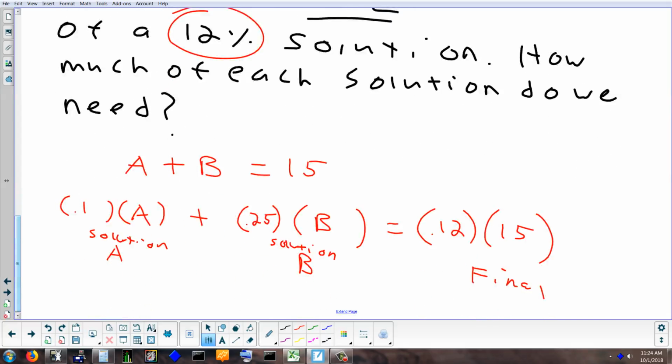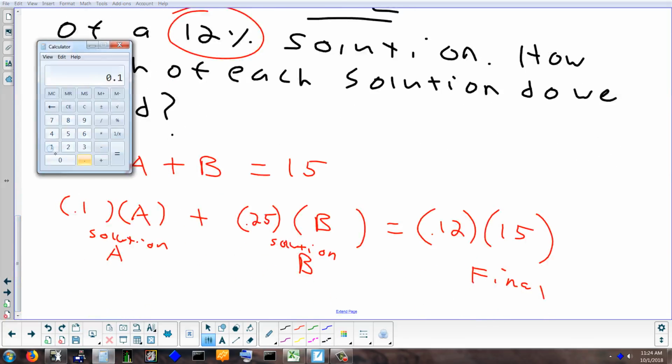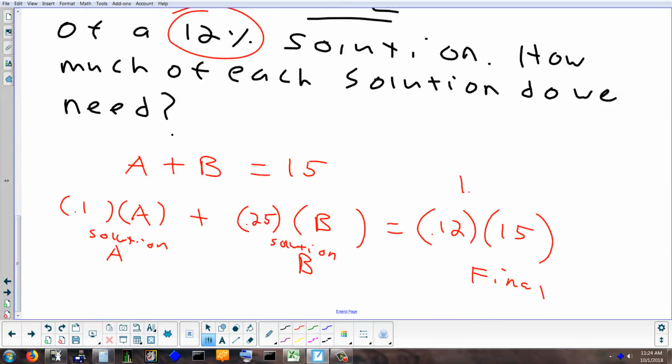Now the right-hand side is always going to be a number in this equation that you can do. So let's just do that. 0.12 times 15 gives me 1.8. All right, so now the only problem is I have two equations and two variables.